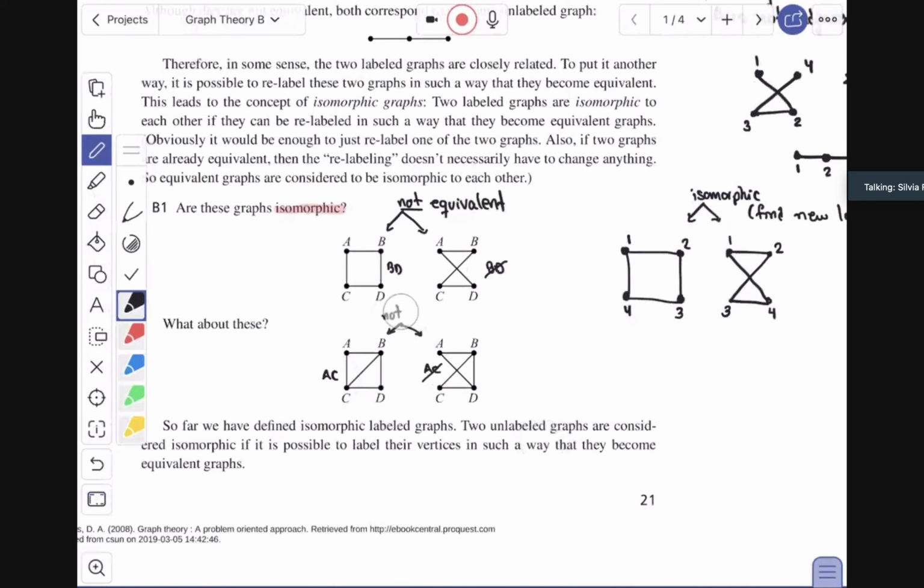So they're not equivalent. Now, are they isomorphic? So isomorphic means that they're essentially the same relationships, but maybe drawn in a different way. So can I find labels that make them equivalent?